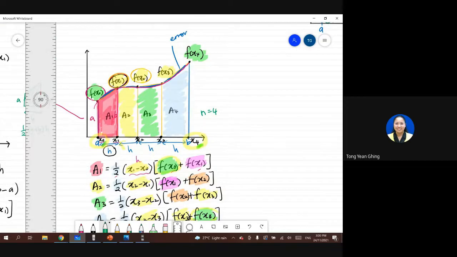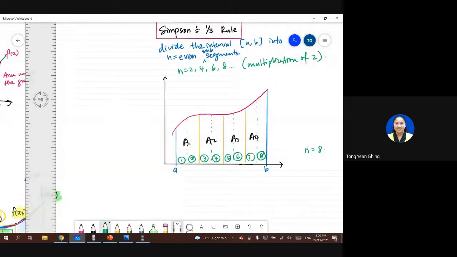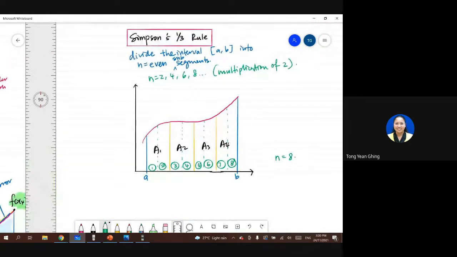Kalau let's say I only have 3, tak boleh. Kalau macam ni saya kena pecahkan lagi supaya dia jadi even. Boleh faham tak? If just now I only divided into 3 big segments, I cannot solve it using Simpson's 1/3 rule, because I have to make sure that the subsegment is an even number.